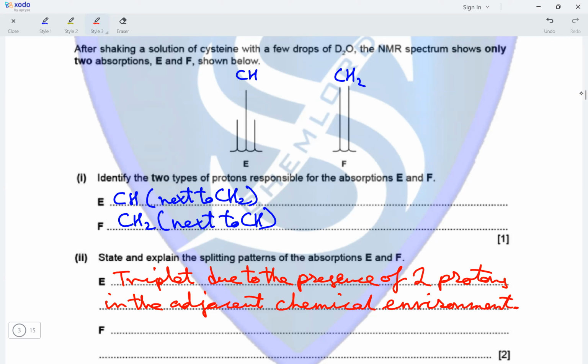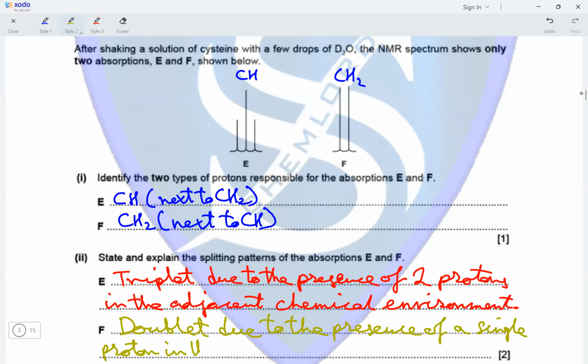And for F, we would state that it is a doublet due to the presence of a single proton in the adjacent chemical environment.